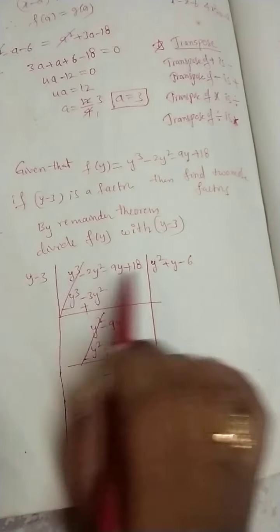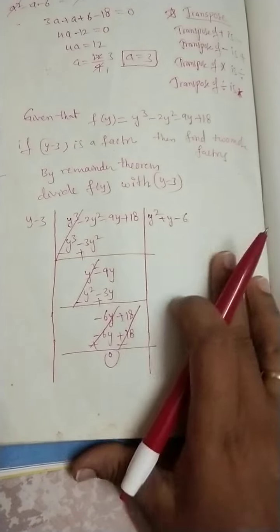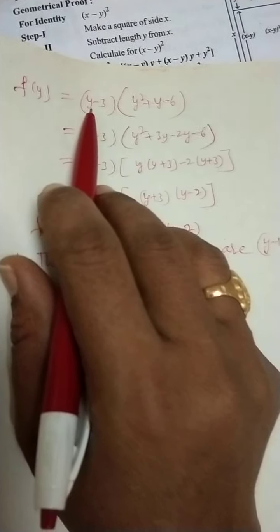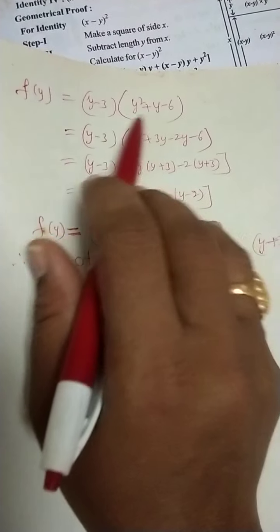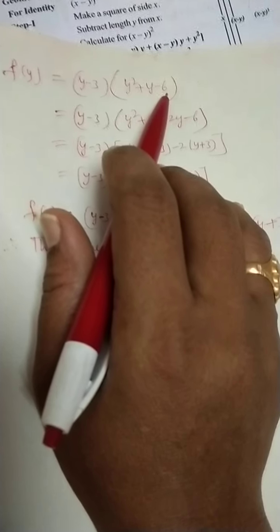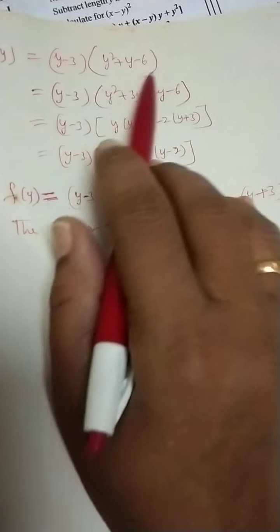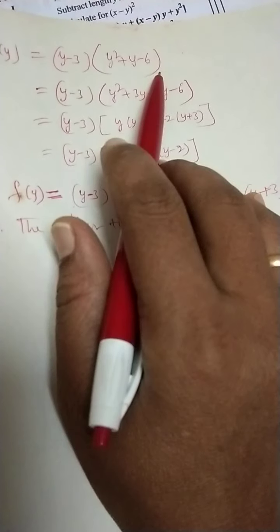Now you get the quotient: y square plus y minus 6 is the quotient. Now f of y is equal to the given factor into the quotient we got after division. Now you can do the normal factorization of this quotient. 6 ones are 6.